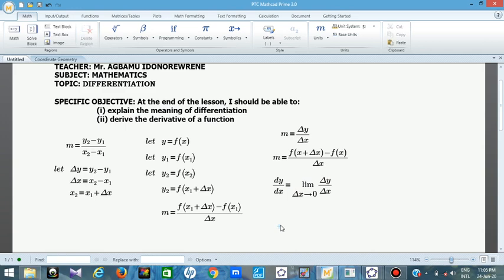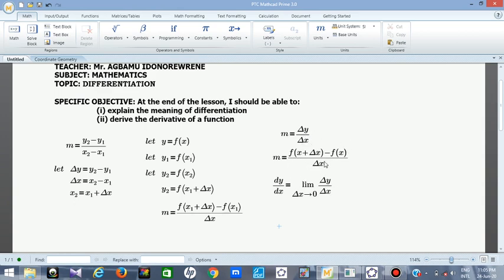Yes. So when they ask you to differentiate, most times this is what we do when they ask you to differentiate from first principle. When you are asked to differentiate a function from first principle, let's say y is equal to a value, you can follow this approach. After following this delta y and delta x approach, you get to this stage.